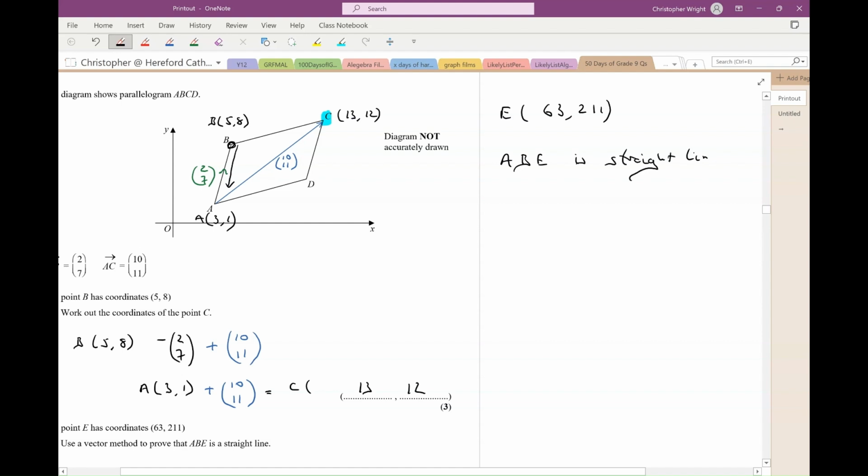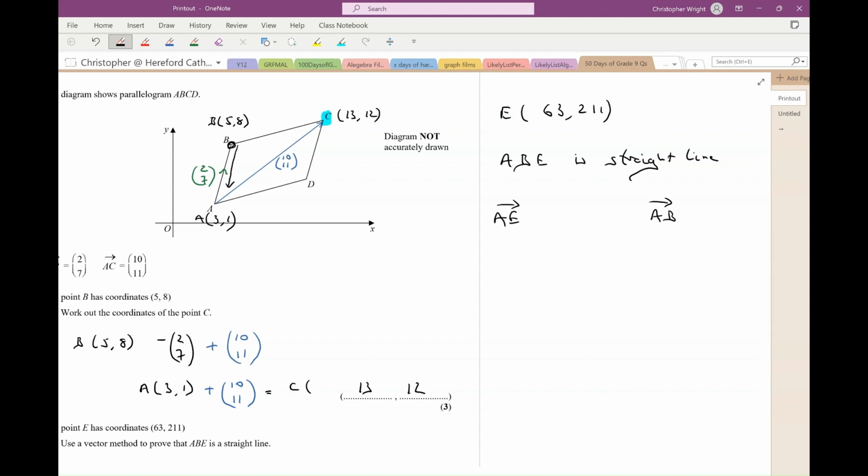So, if we have a think about the vector from A to E, and the vector from A to B, if AE is a multiple of AB, then ABE is a straight line.